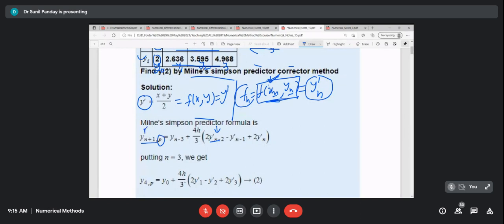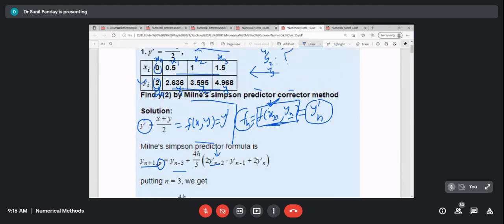Some authors use p and some do not, it's notation, so you have to take care of it. We are predicting the value, and the formula for Milne-Simpson predictor is this one: y n minus 3 plus 4h upon 3, 2 y dash n minus 2 minus y dash n minus 1 plus 2 y dash n.